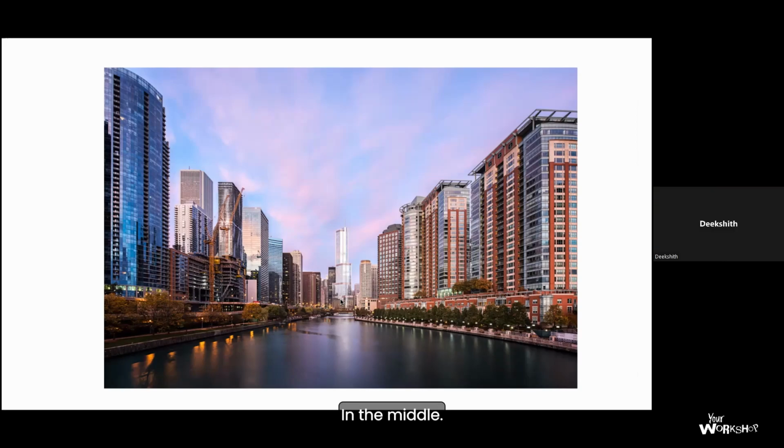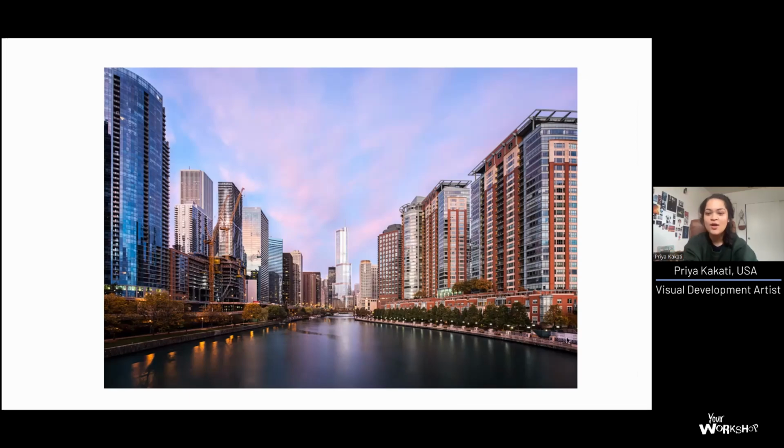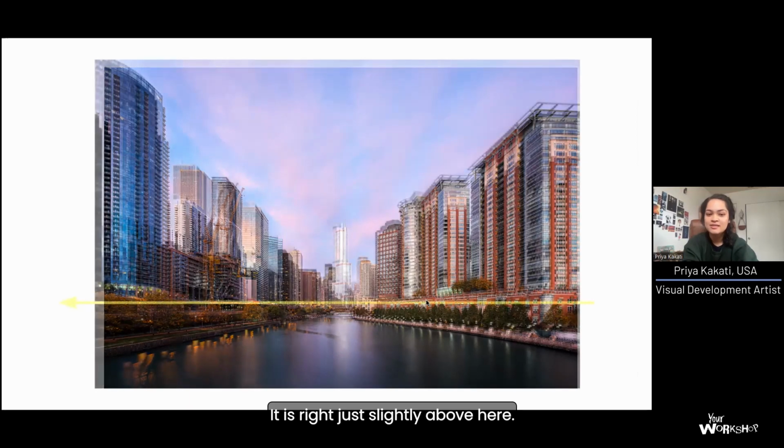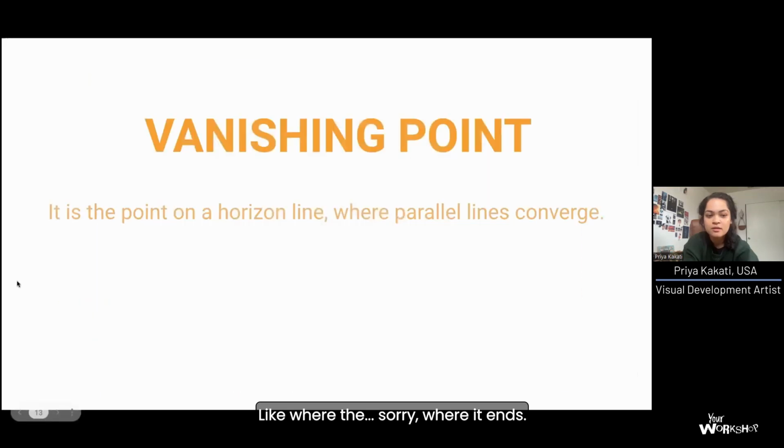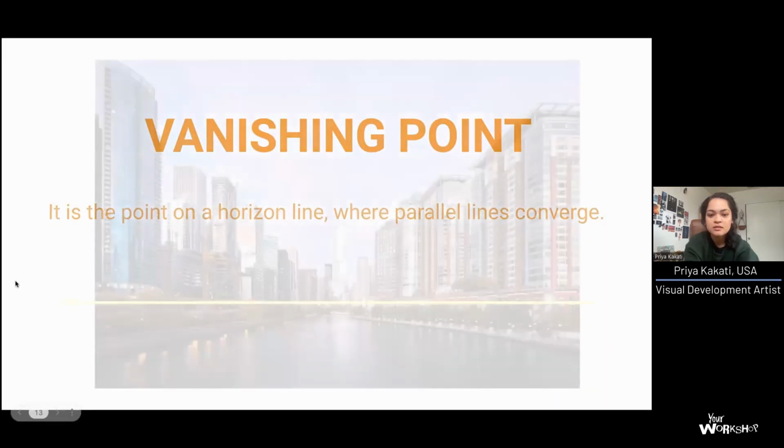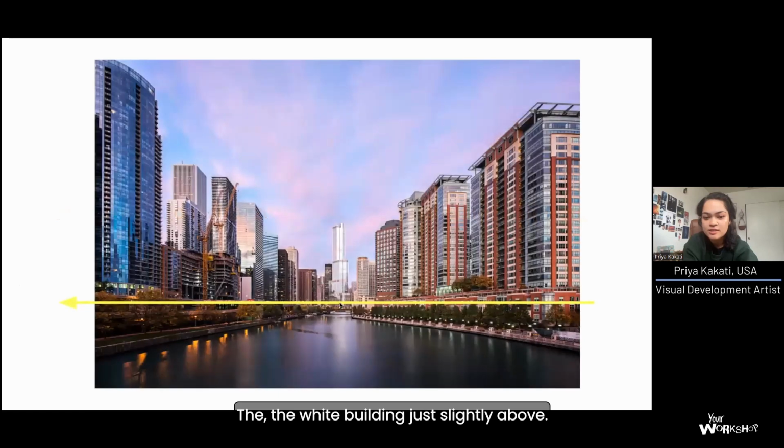Okay, in the middle. Somewhere there. I think it's at the base of the center building. Like over here? Yeah. It is right, just slightly above here, where it ends. The white building, just slightly above.